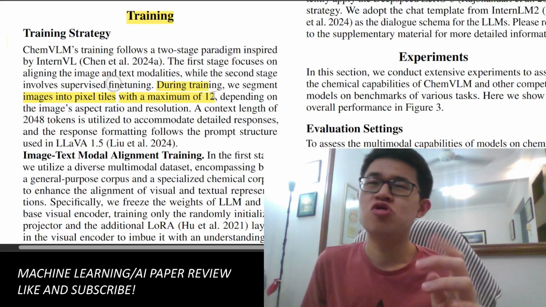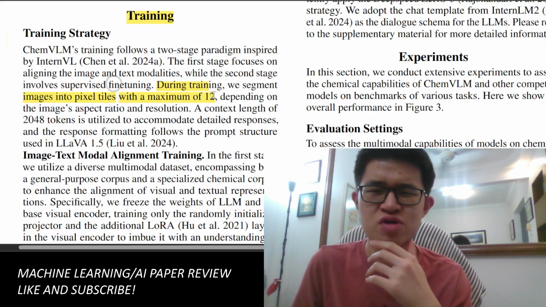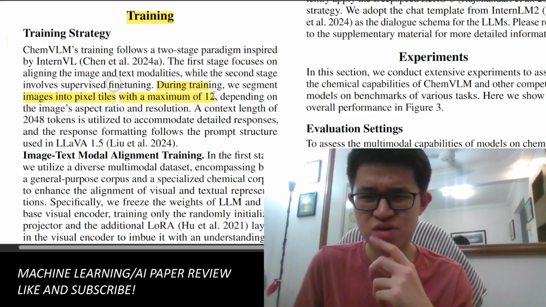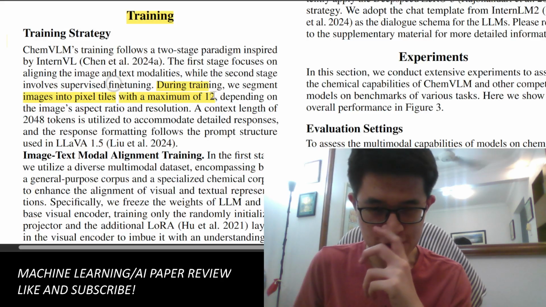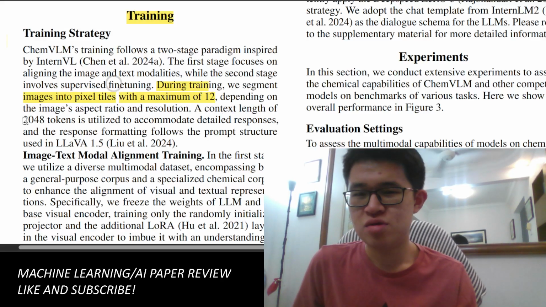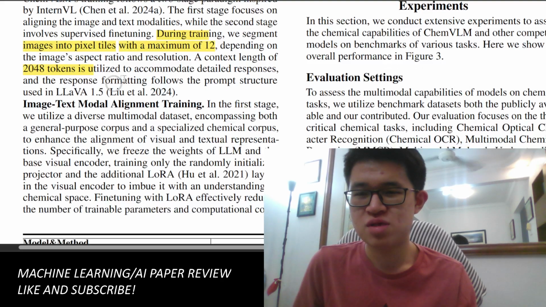So essentially 12 tokens, so it's like a 4 by 3, I would assume, depending on the image's aspect ratio and resolution. And they use a context length of 2,000 plus tokens for everything, and the response formatting follows the LLaVA method.